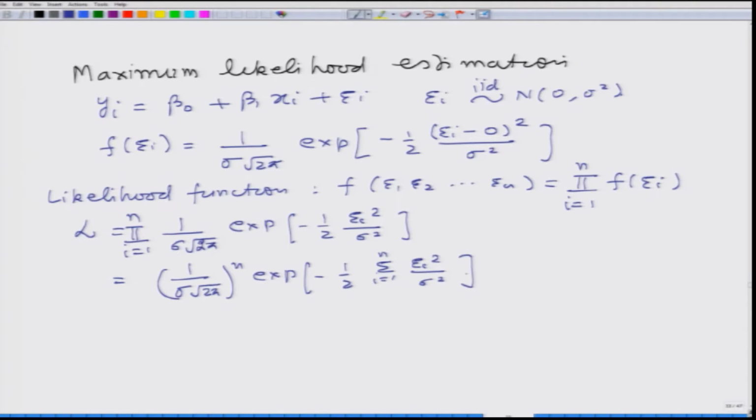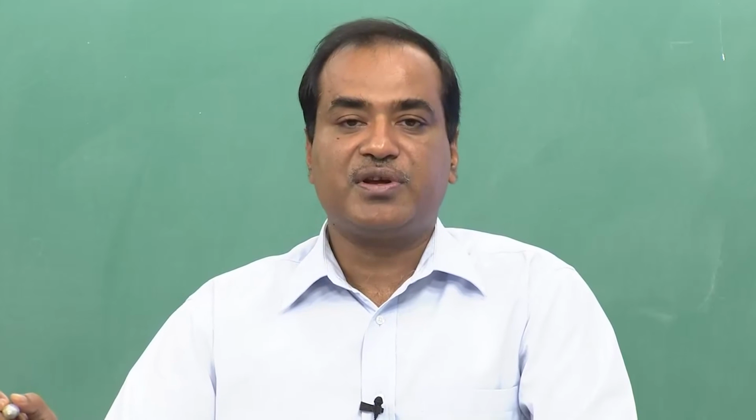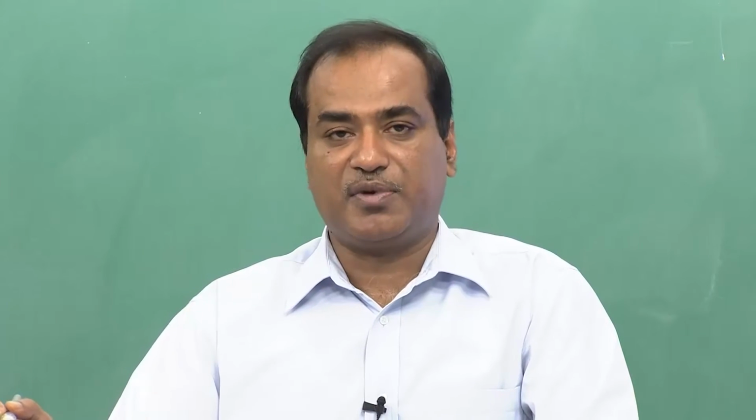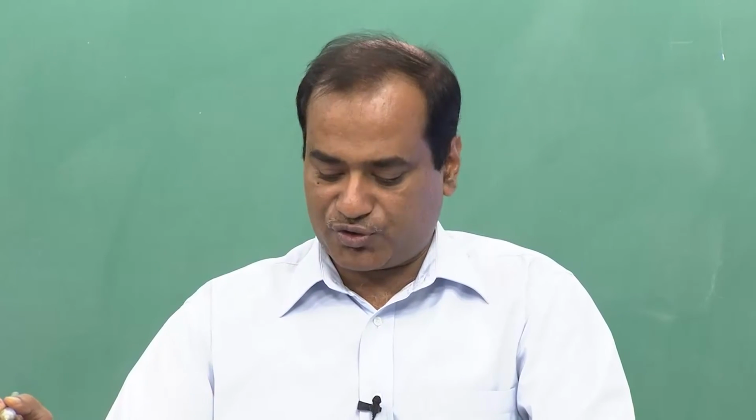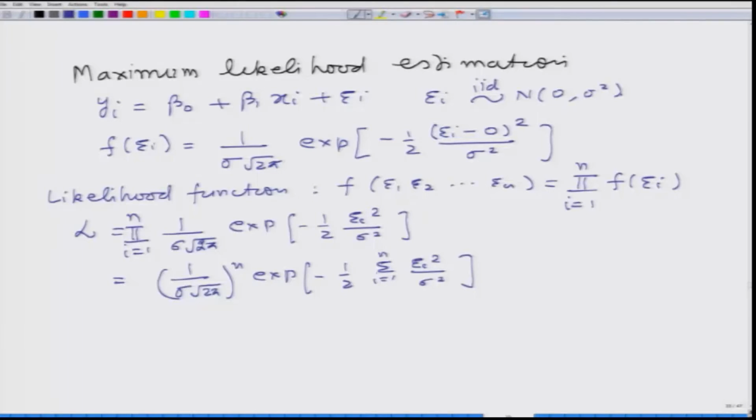The objective in the method of maximum likelihood estimation is to obtain the values of the parameters in such a way that this likelihood function is maximized. Here we want to estimate the 3 parameters beta 0, beta 1 and sigma square, but from this likelihood function you can see that there is still no appearance of beta 0 and beta 1.